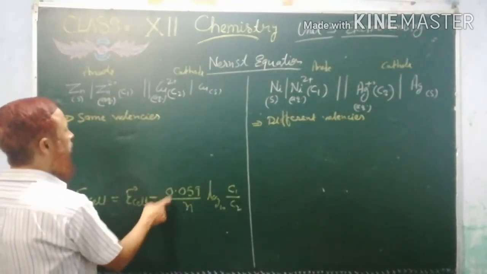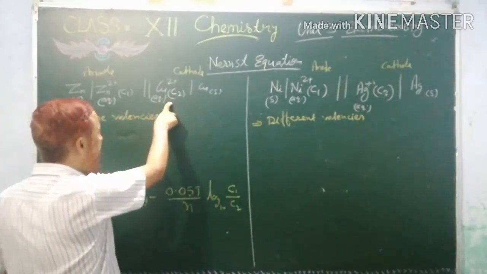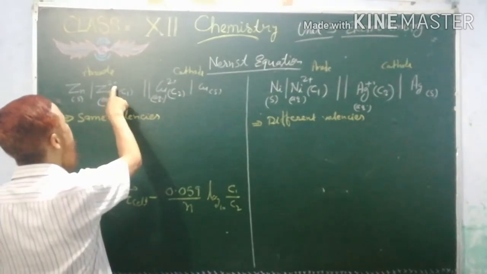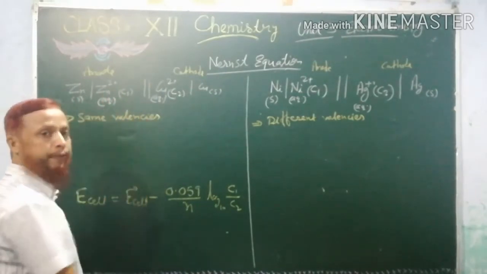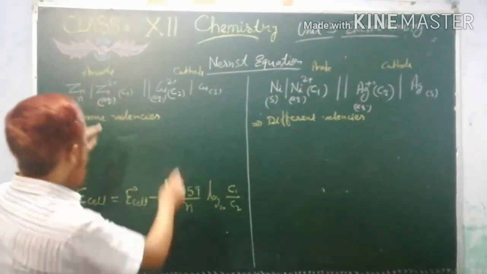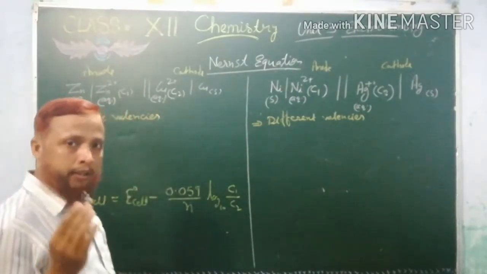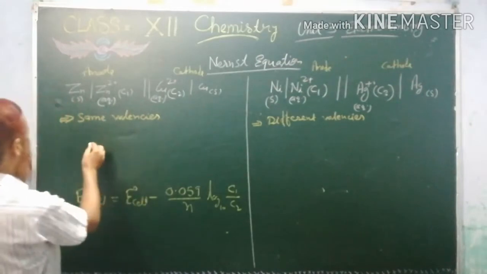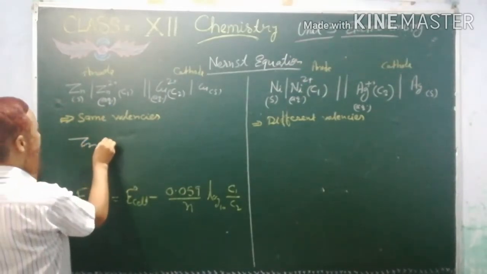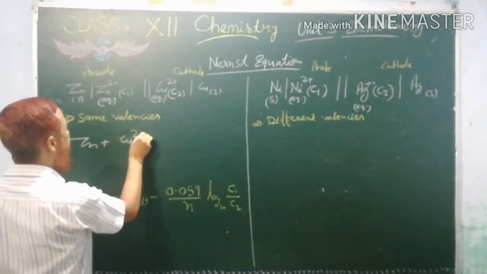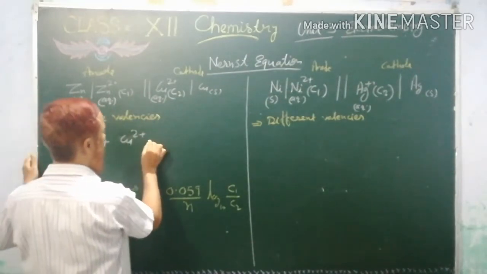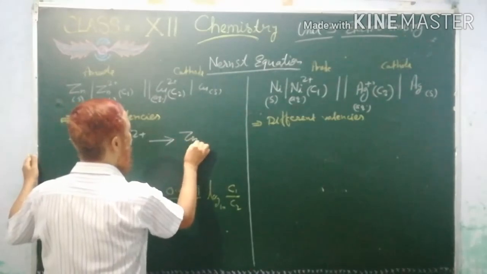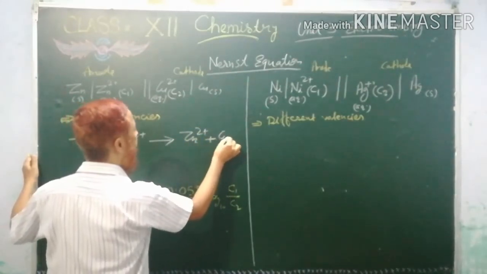We will use a cell system like this, means when the valencies of the ions are similar, same valencies. If a cell reaction is given, the cell reaction will be like that, Zn plus Cu2 plus gives Zn2 plus plus Cu.